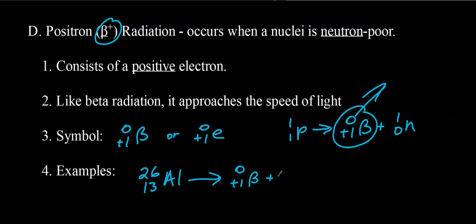So we said that the mass does not change, but the charge is going to decrease by 1 this time. So what plus 1 is 13? That would be 12. What has a nuclear charge of plus 12? That would be magnesium. So aluminum 26 transmutates into magnesium 26 via positron emission.